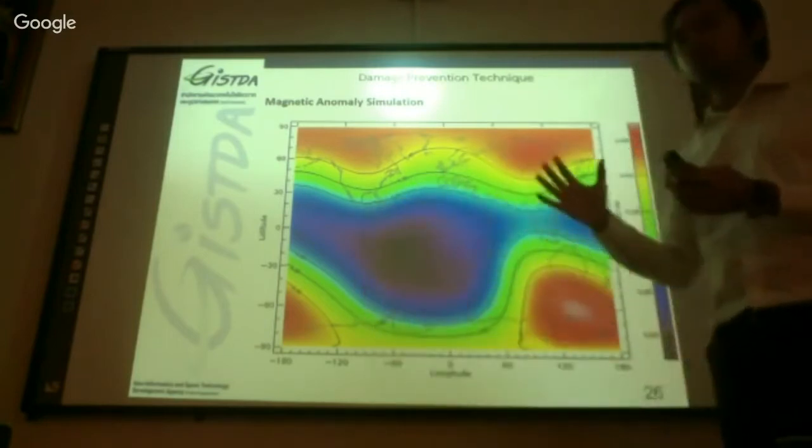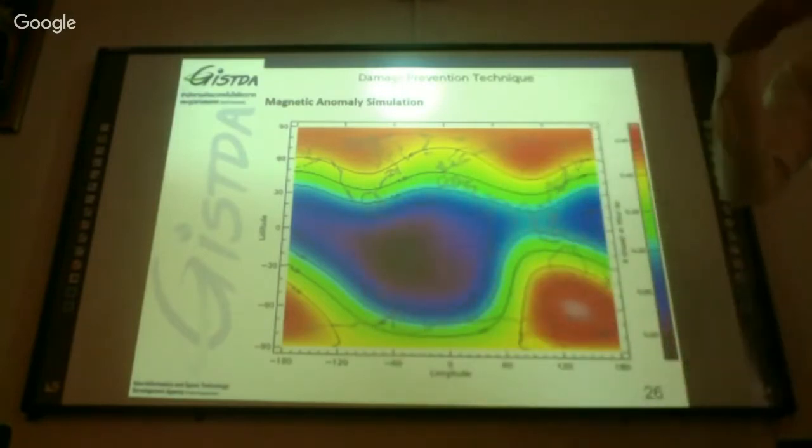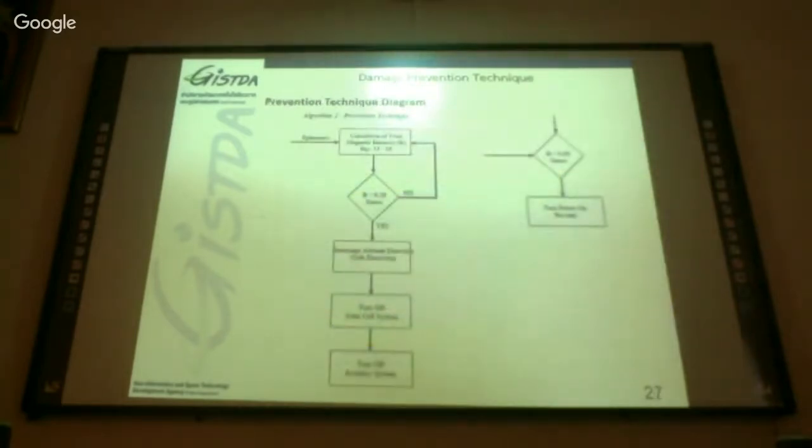When the system detects a magnetic intensity of about 0.28, that means we are ready to turn our system off or start the system again. That brings me to the preparation technique that I can write.